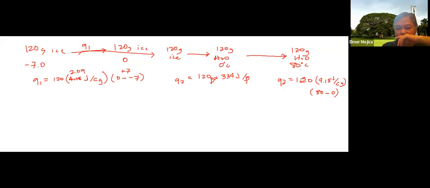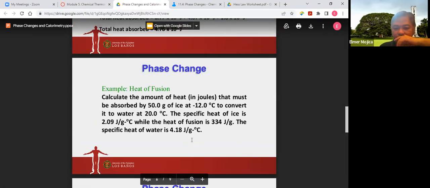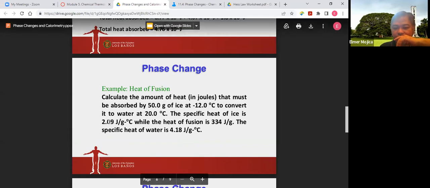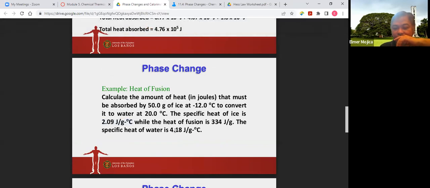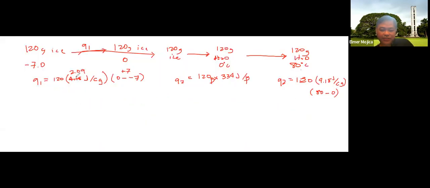Now, just to convince you na mali ako, okay? So sa module dito, binigay yung specific heat ng ice as 2.09 and specific heat of water as 4.18. That's why I need to change the value that I used initially here, because hindi naman siya yung amount nung sa ice eh. So dito water na siya.